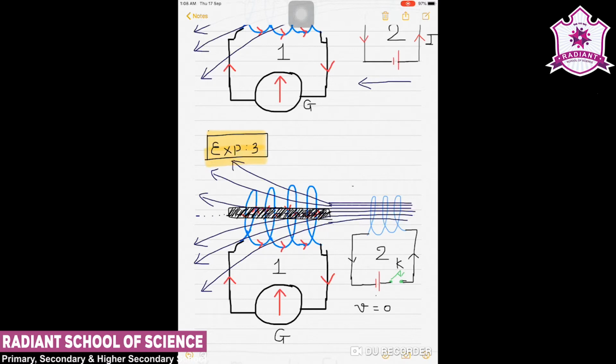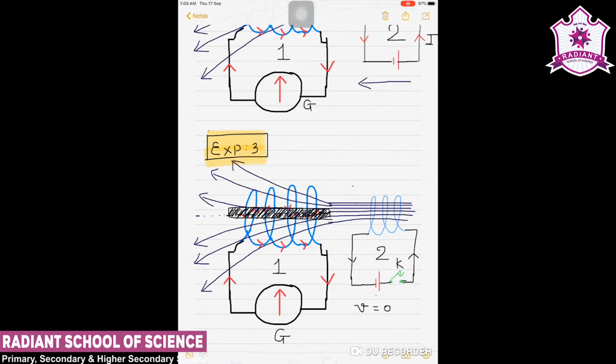That means there will be no change in magnetic flux with respect to time, and therefore for coil 1 we find no change in magnetic flux. If there is no change in magnetic field, no induced EMF is produced, and if no induced EMF is produced, no current will flow through coil 1, and the galvanometer shows no deflection.